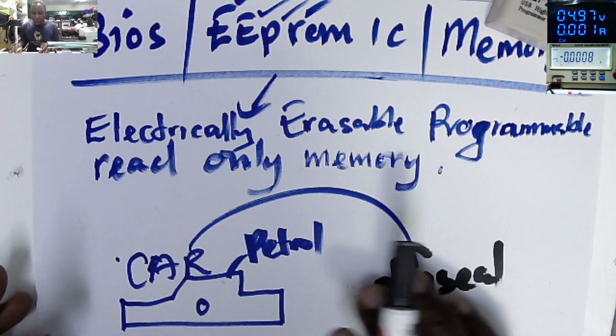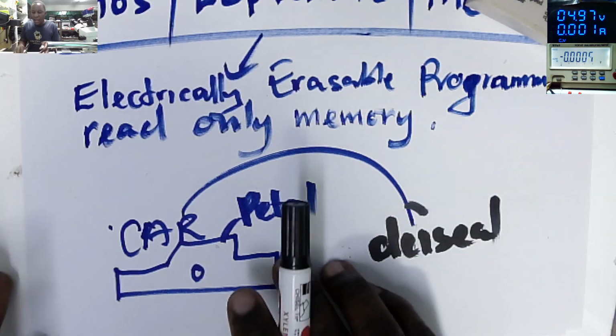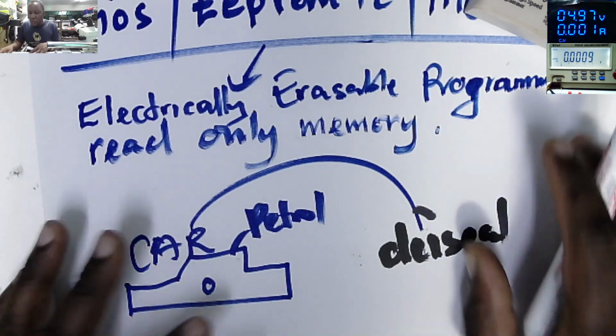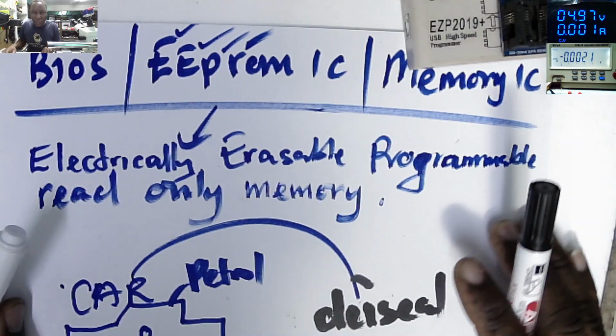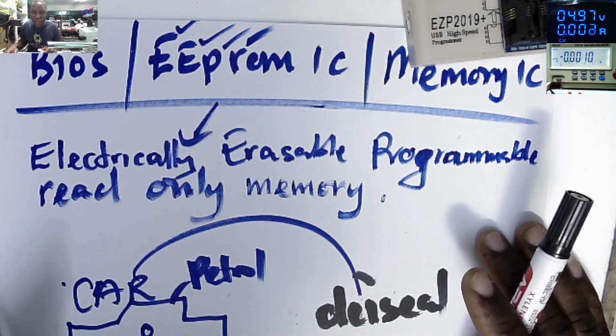So this same concept will apply to the EPROM IC, because this chip is meant to be erased.